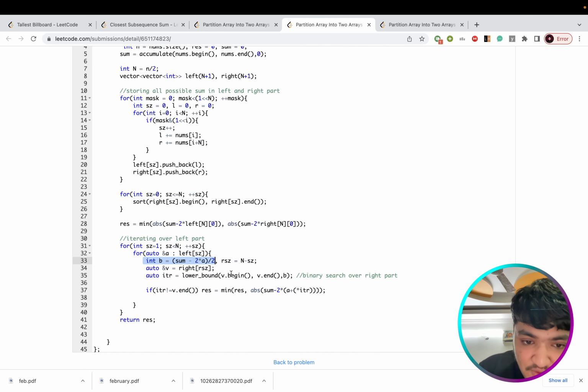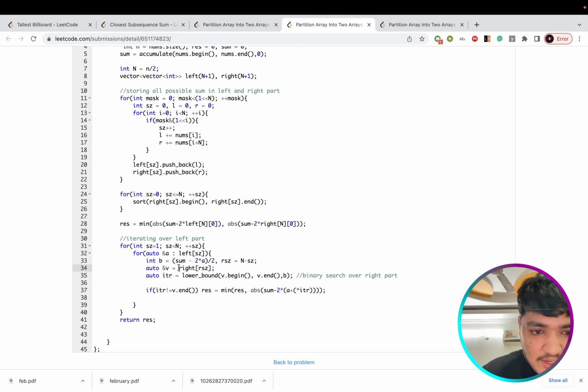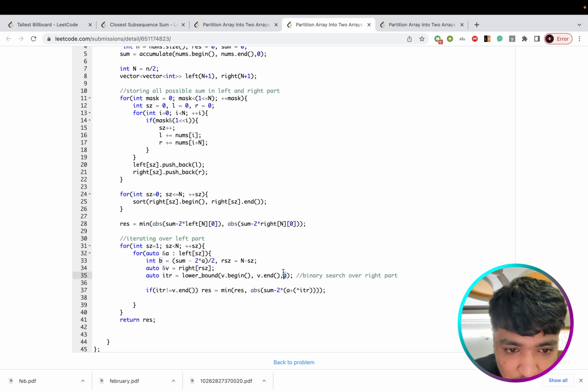So basically this is what I am doing: in this right thing I just take the reference of this particular right vector, and then I am checking for the lower bound, which is the minimum value possible closest to this p value, which I explained right now.